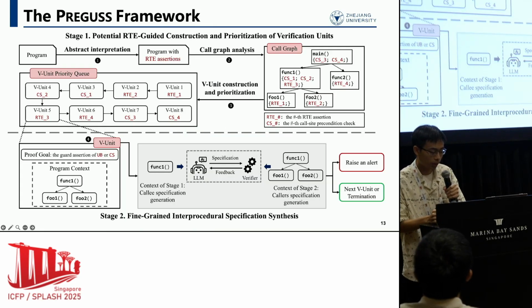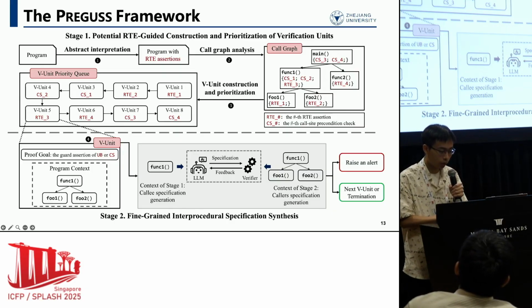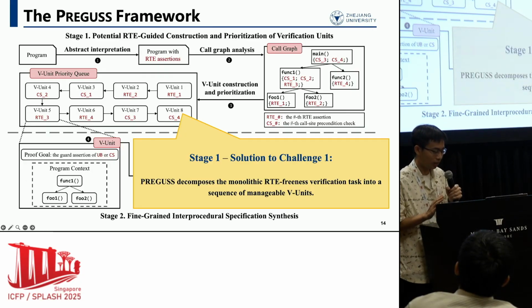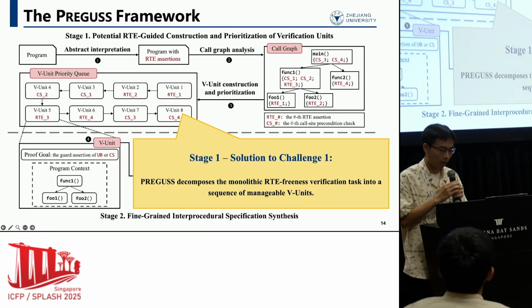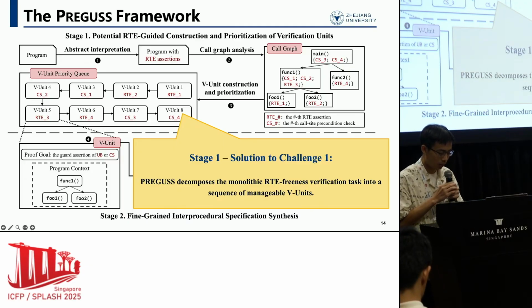The core idea of Preguss is simple: divide and conquer. Our framework has two key stages. I will not introduce the details. Stage 1 tackles the LLM context limit. Instead of processing the whole program at once, Preguss decomposes verification into smaller and manageable tasks called V-units.